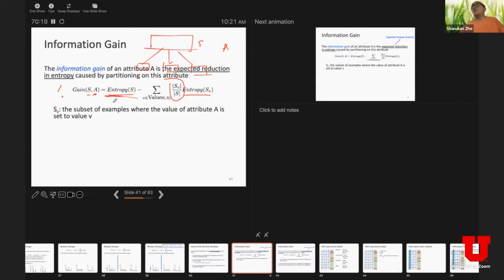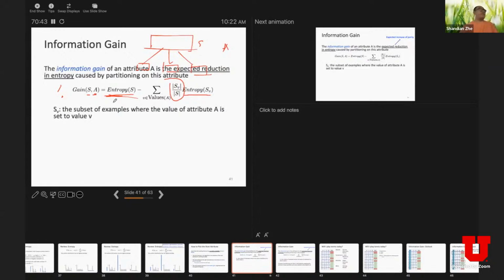Remember, this is a reduction of entropy. So always non-negative means that as long as you use some attribute to split on a data set, your entropy will always decrease. That means your label purity will always improve. Feel free to think about how to prove that. It'll definitely deepen your understanding of this.